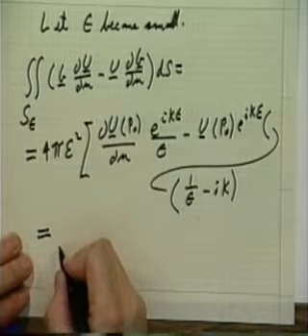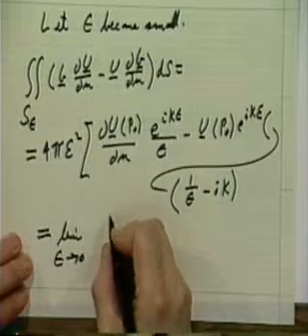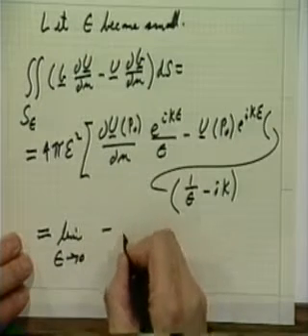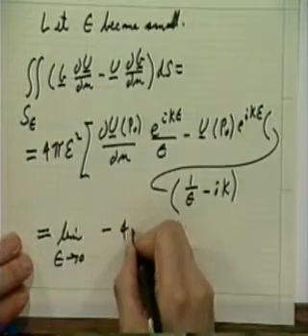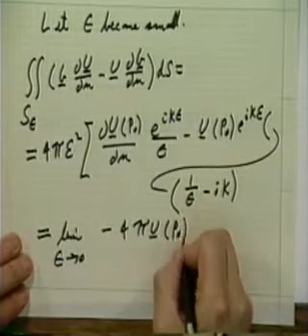And in the limit epsilon goes to 0, this becomes minus 4 pi u of P naught.